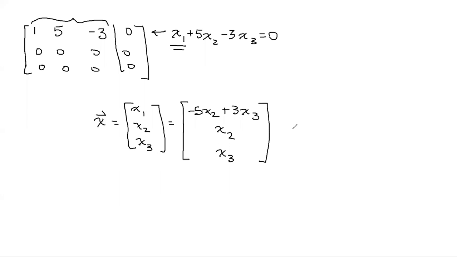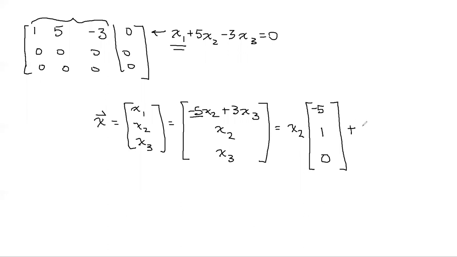Now, if we want to factor out the x2 and x3, there are 2 variables we need to factor out. So let's break this up into 2 pieces. So first we have our x2 piece. And what is this vector that x2 is multiplied by? Well, x1 has minus 5 copies of x2, so we'll put a minus 5 here. x2 has 1 copy of x2, and x3 just equals itself, so it has no copies of x2.